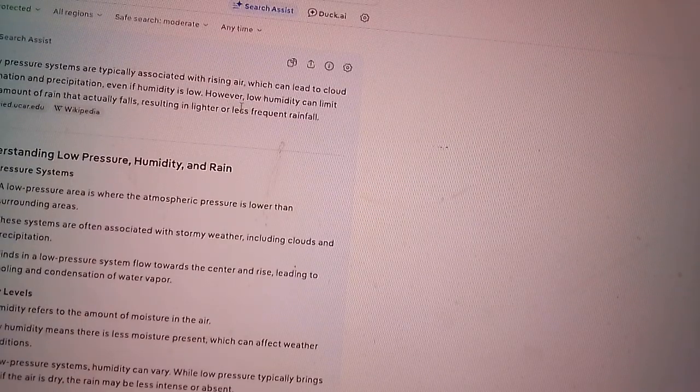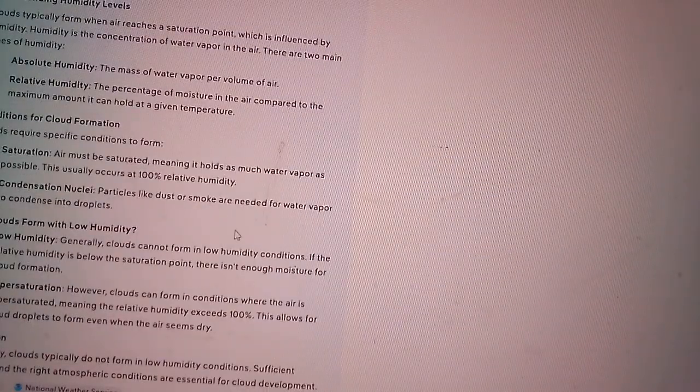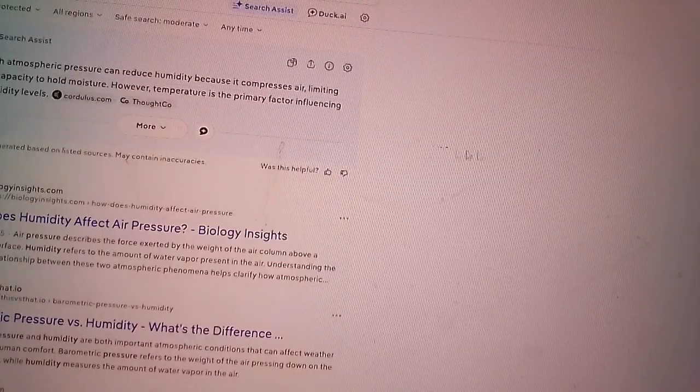However, low humidity can limit the amount of rain that actually falls, resulting in lighter rainfall. See? And, oh, look at that one.